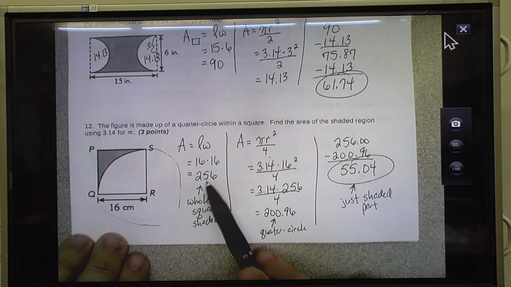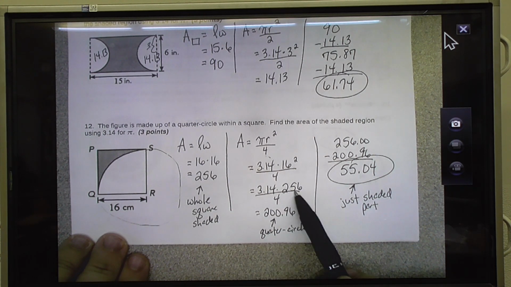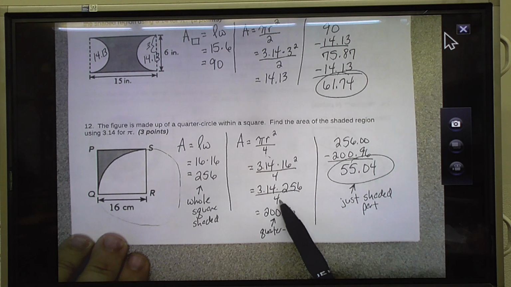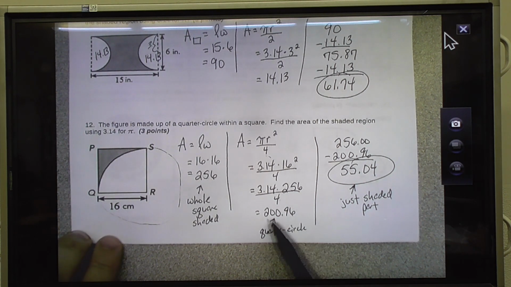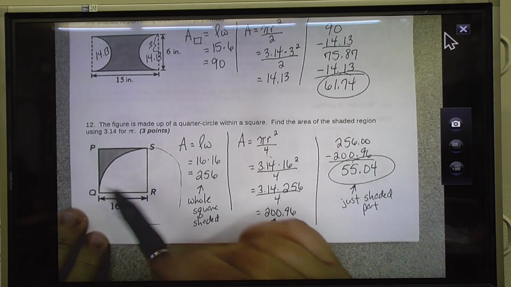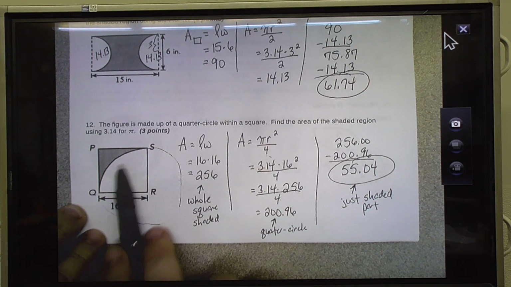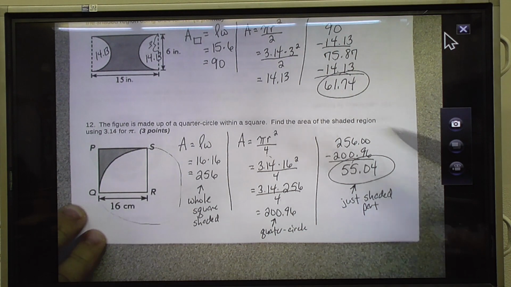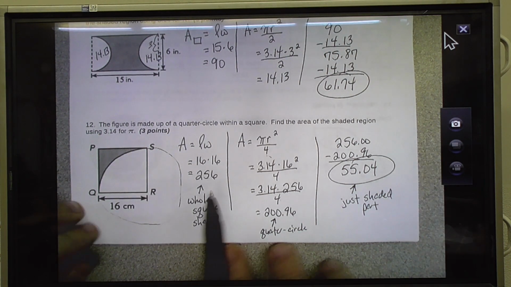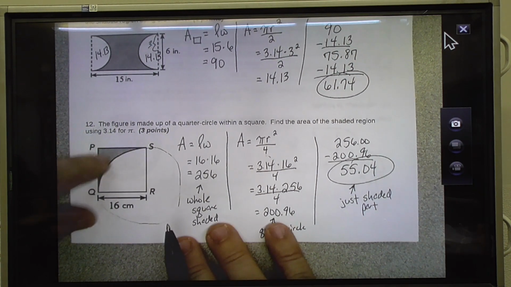Then 3.14 times 256, divided by 4 because it's a quarter circle, is 200.96. The whole thing is 256, and just this is 200.96. Subtracting those two, just this shaded part is equal to 55.04. Okay? Good.